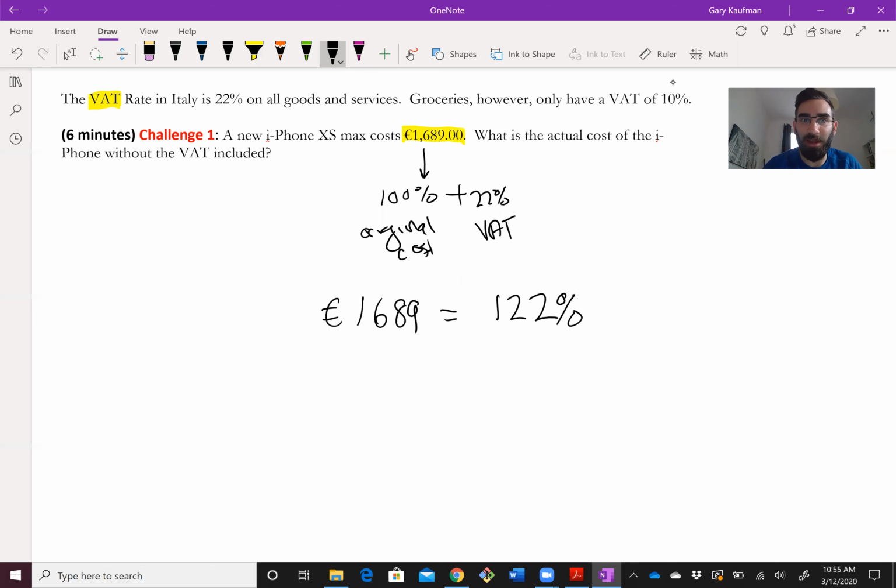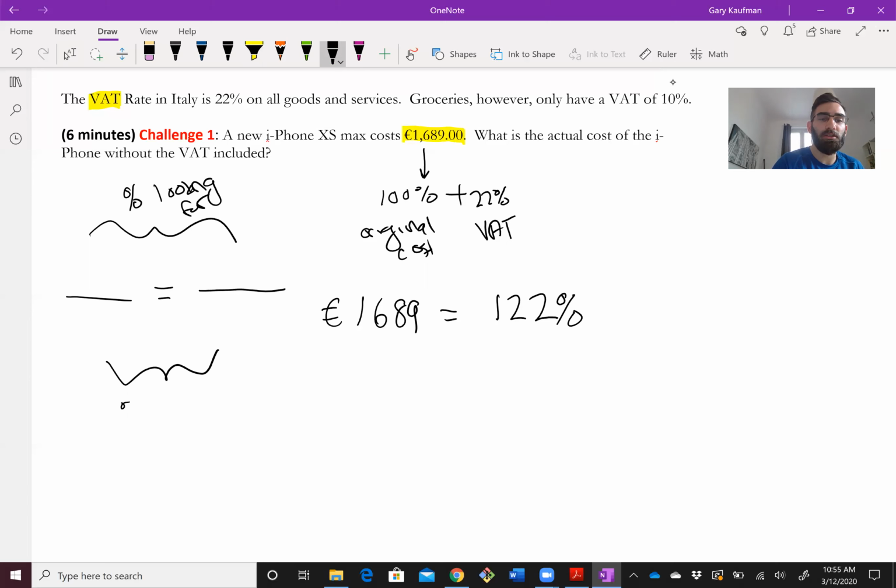See if you can use that to set up a proportion, remembering this information. On the top is the percentage looking for. Down here is the percentage of the original, so I'll write 100% in there because we always are looking for that 100%. All right, give it a shot.